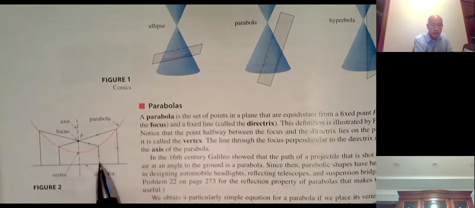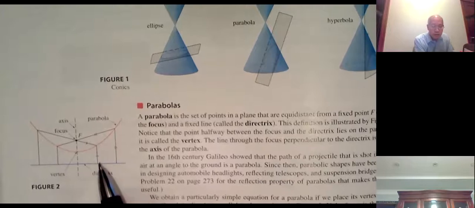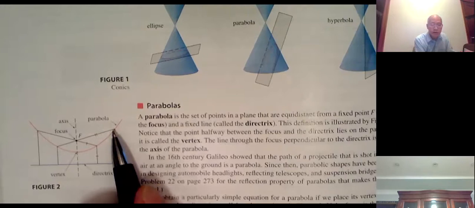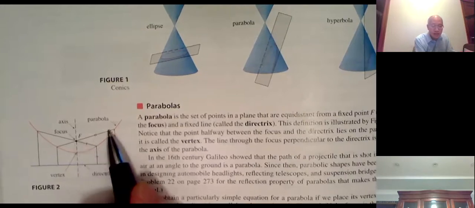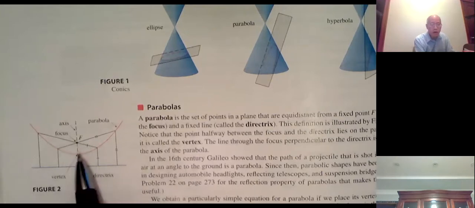That means this is the same as that, and that's the same as that. So this is a point on a parabola because this distance away from the focus and this vertical distance to the directrix is the same. And if you have a point way out over here, the distance from the focus and the distance to the directrix is again the same. So if you take all the points that are the same distance away from the focus and the directrix, you end up with a parabola.